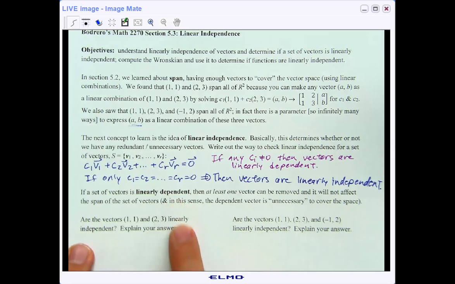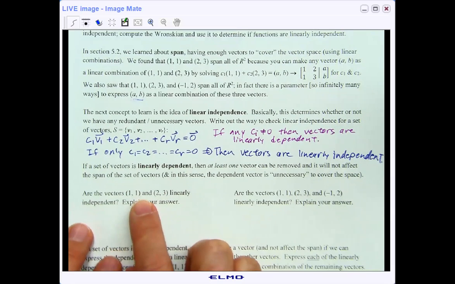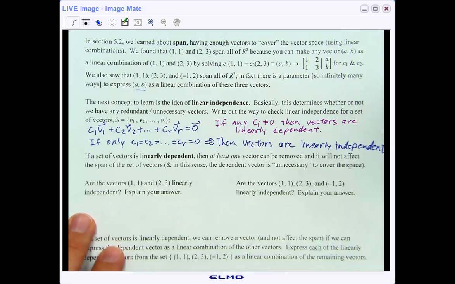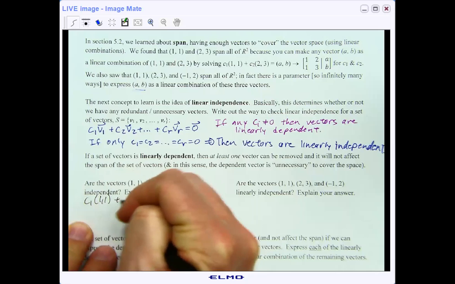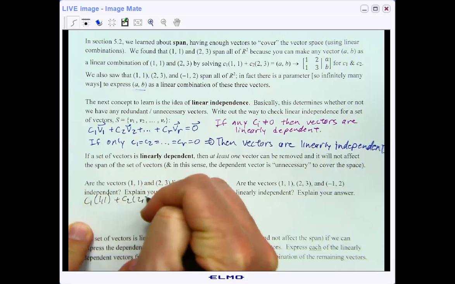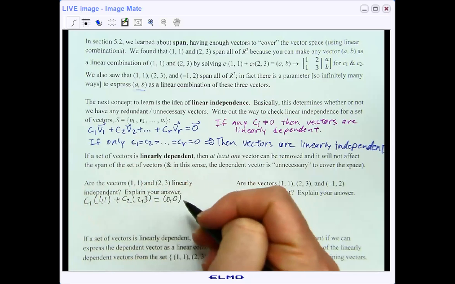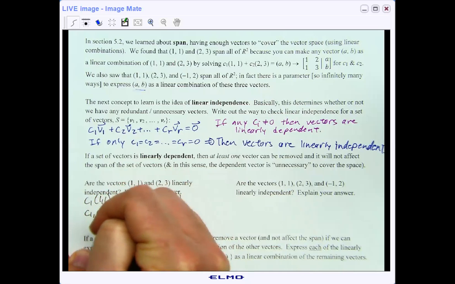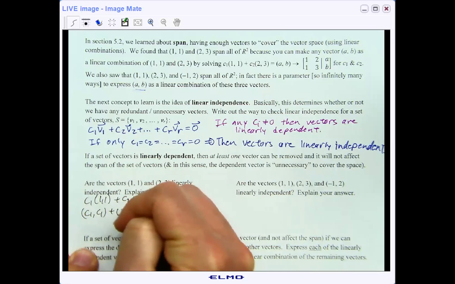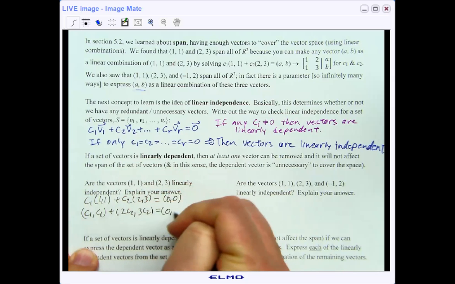So let's check if the vectors (1, 1) and (2, 3) are linearly independent. We set up our definition: c1 times (1, 1) plus c2 times (2, 3) equal to (0, 0). Doing the arithmetic, that is (c1 + 2c2, c1 + 3c2) equals (0, 0).